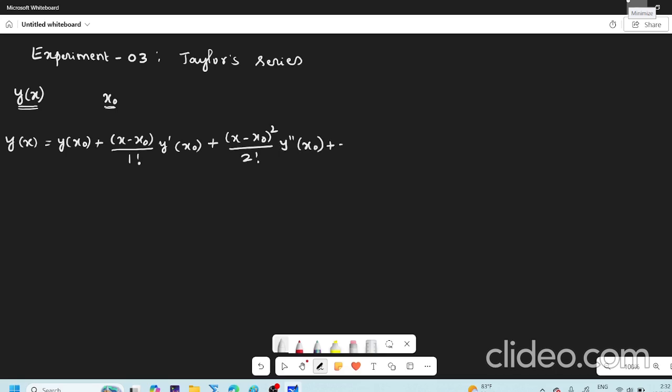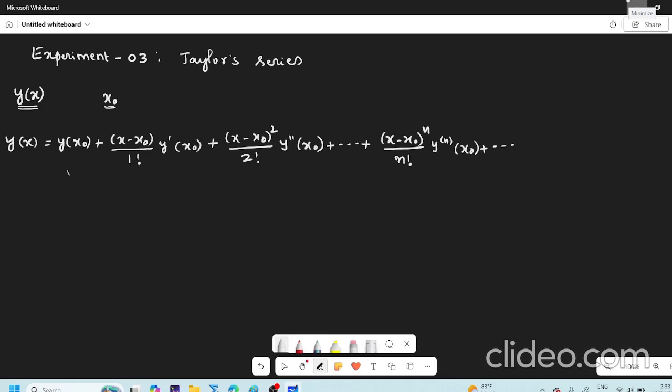Similarly, you have to write the successive terms. The next term will be x minus x naught whole cube by 3 factorial into y triple dash of x naught. In general, you can write the general term as x minus x naught whole power n divided by n factorial into y n of x naught, plus and so on. This is called the Taylor series expansion of the given function.